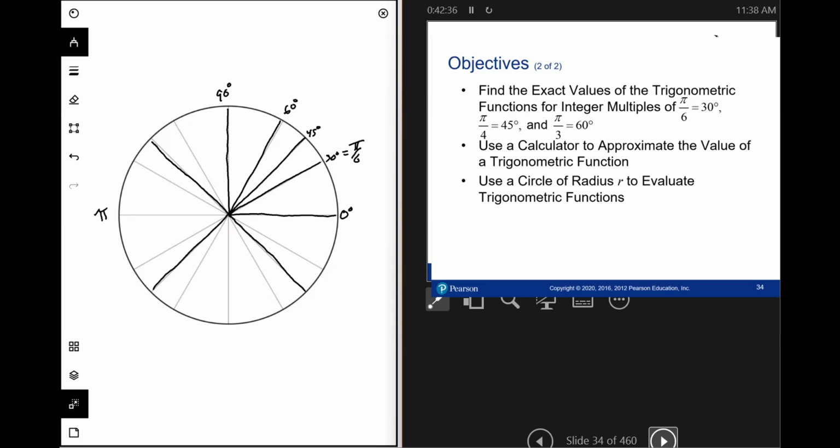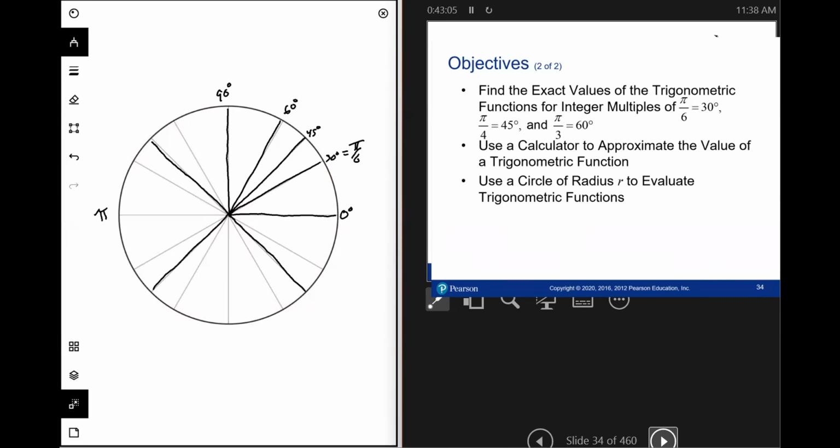All the way around would be 12/6. So I only want 1/6 of 2 pi to give me this angle here. Well, 1/6 of pi, and 1/6 of 180 is 30.